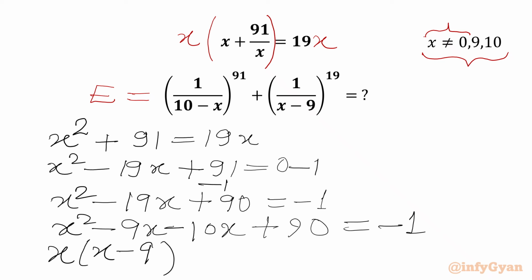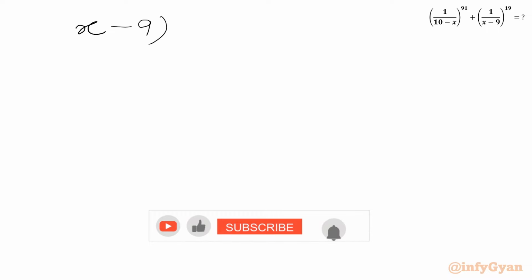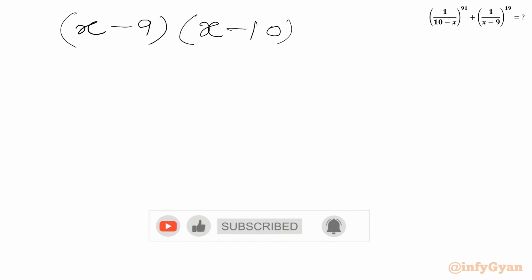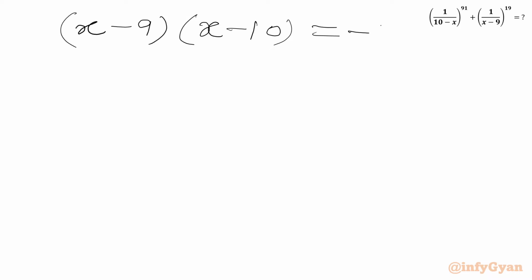From the last two terms, we can take −10 common out. So in the bracket, we will write x − 9 once again, equal to −1. Now x − 9 is overall common. We will get (x − 9)(x − 10) equal to −1. Let's write (x − 9) times (x − 10) equal to negative 1.